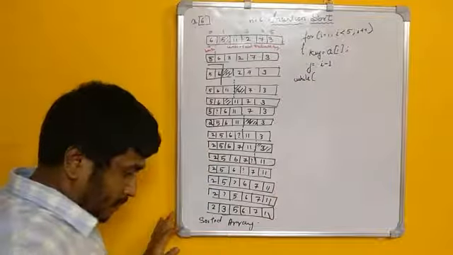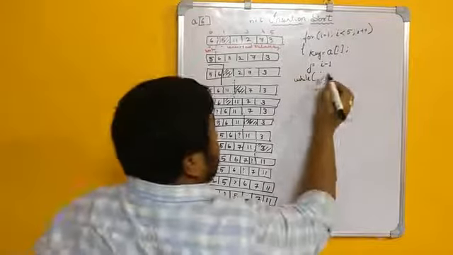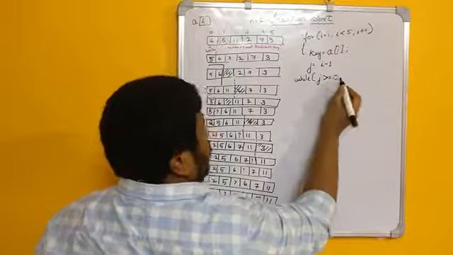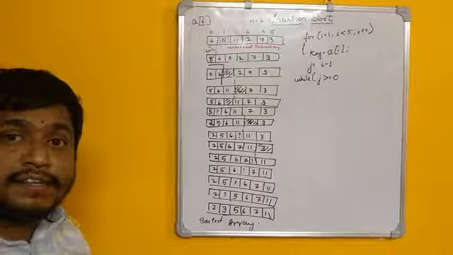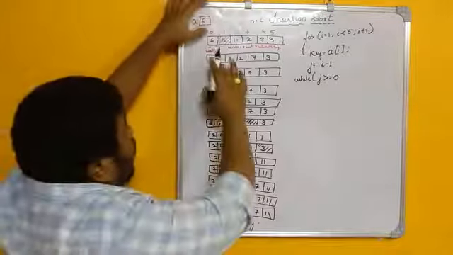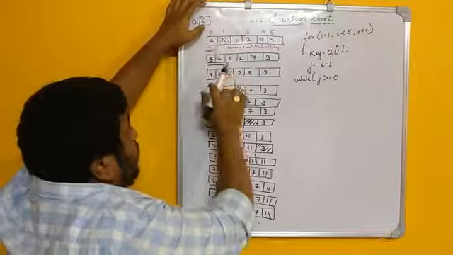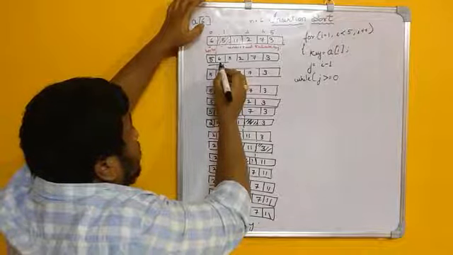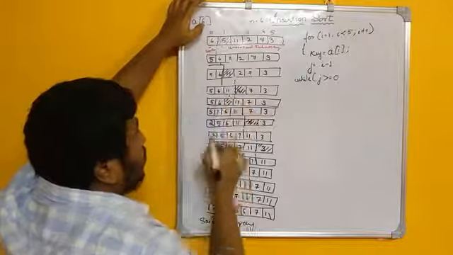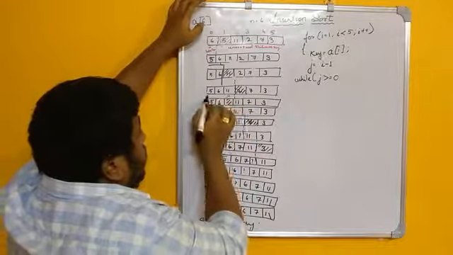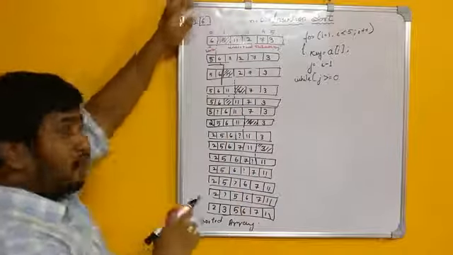Next, we check the condition, that is the while loop: while j is greater than or equal to 0. What does greater than or equal to 0 mean? Because j should always be 0 or greater. Every time, we reach down until 0. If it is minus, there are no elements.